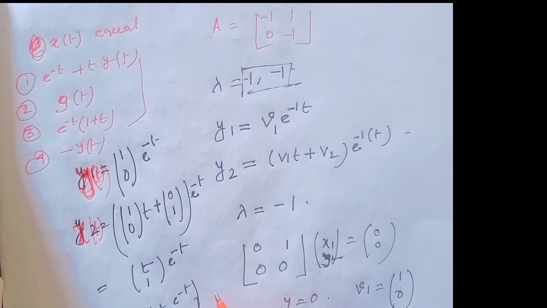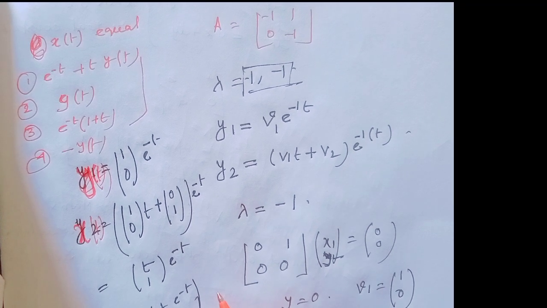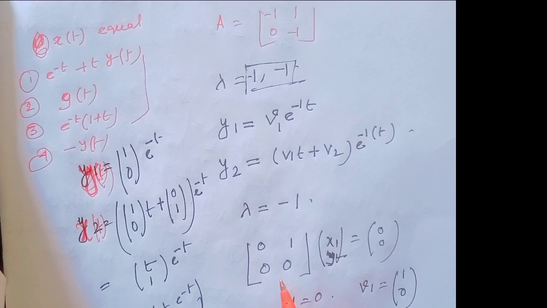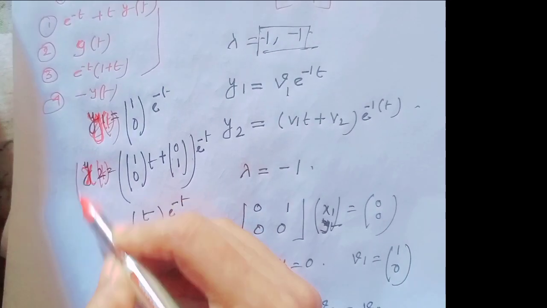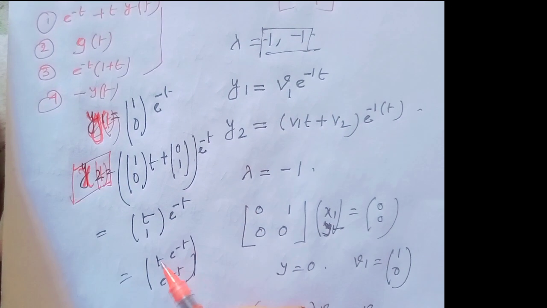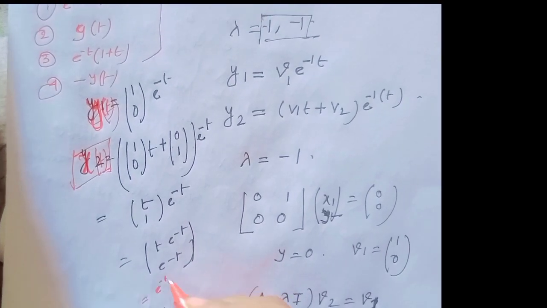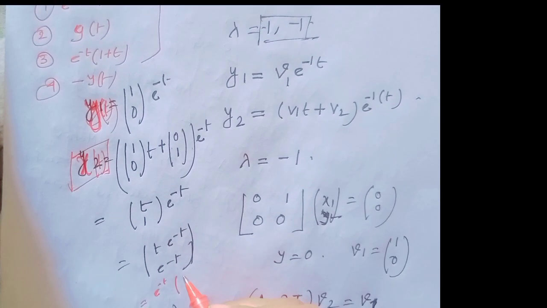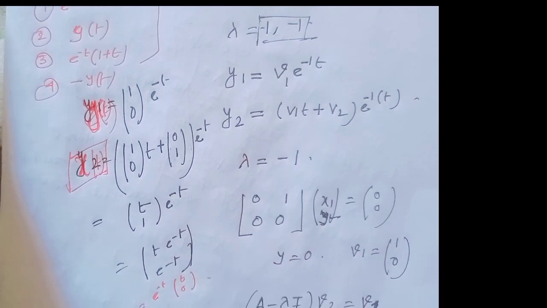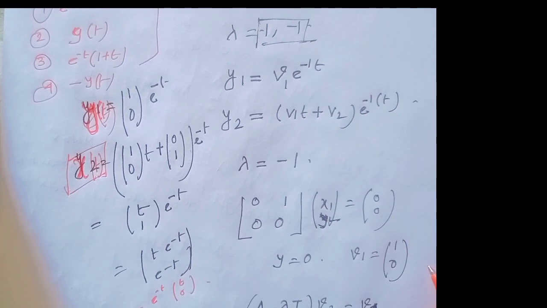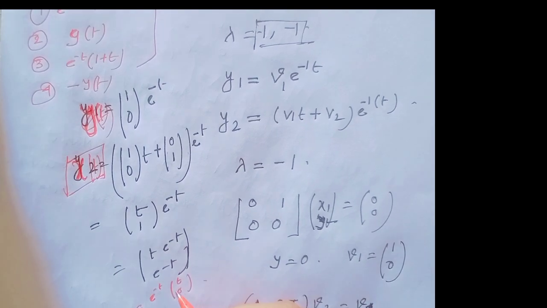Therefore the solution would be, the question is about x(t), and if we take e to the power minus t common, then this would be [t, 1].